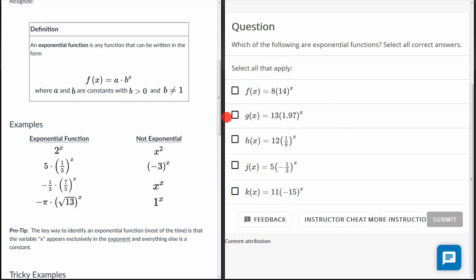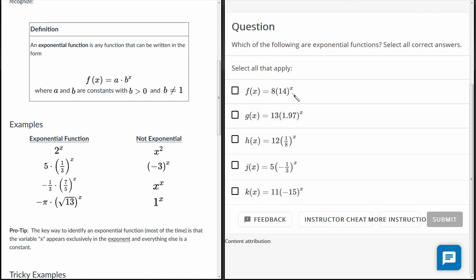Some of these functions are exponential and others are not. The pro tip here is the key way to identify an exponential function most of the time is that the variable x appears exclusively in the exponent.